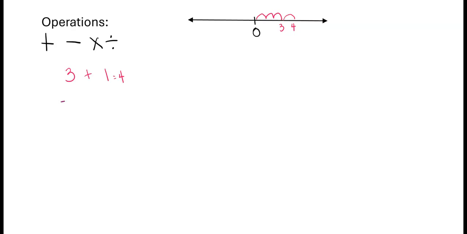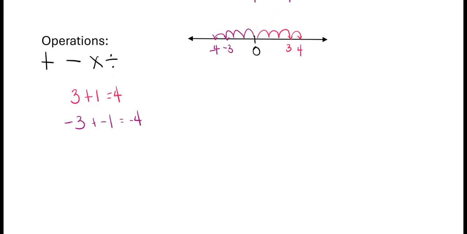But what if I wanted to add a negative 3 to a negative 1? Well, I would start at 0, and I would move 3 in the negative direction because that was a negative 3. And then I would move 1 more negative in that direction, which would be a negative 4. So negative 3 plus negative 1 is negative 4.